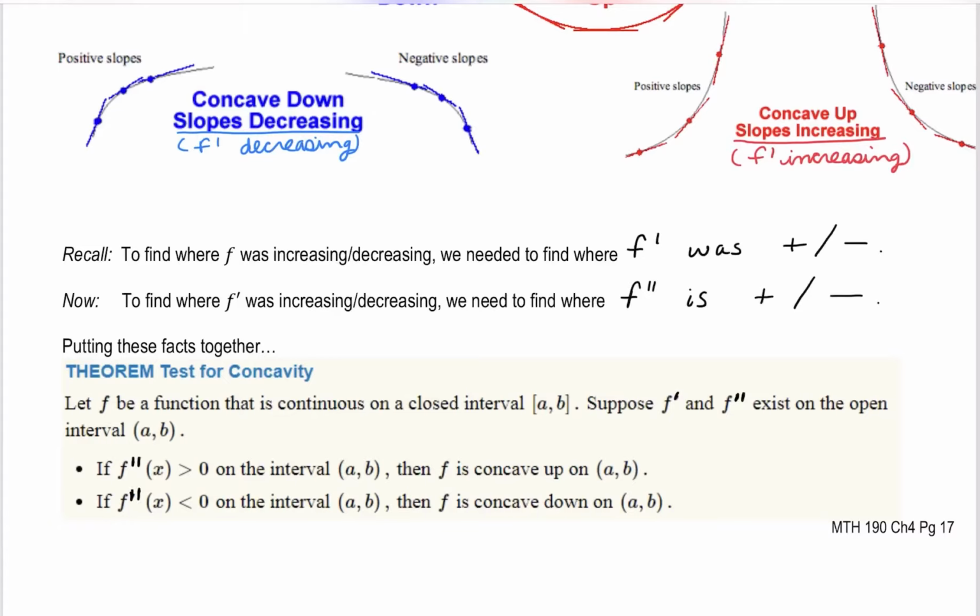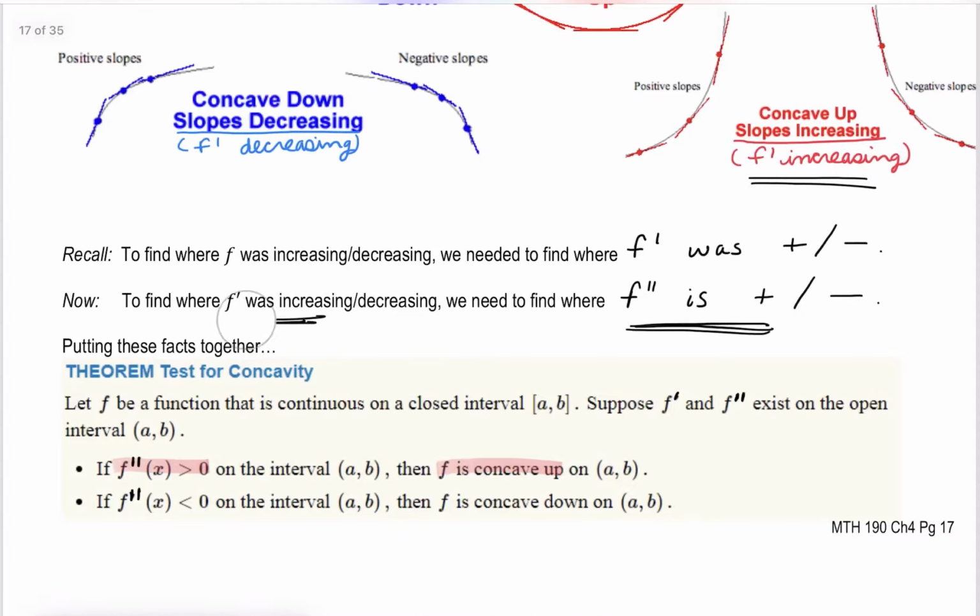So let's trace our logic back through here. Where the second derivative is positive, so we're right here, if the second derivative is positive, then that's going to mean that f prime is increasing. And going back up, f prime increasing, that is a definition for concave up. So if the second derivative is greater than 0, then f is going to be concave up on that interval.